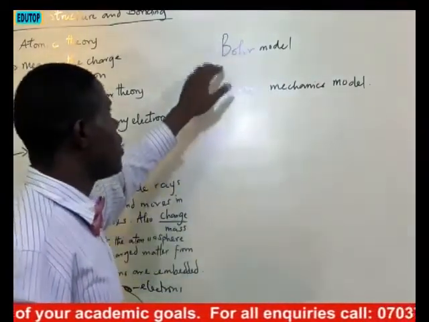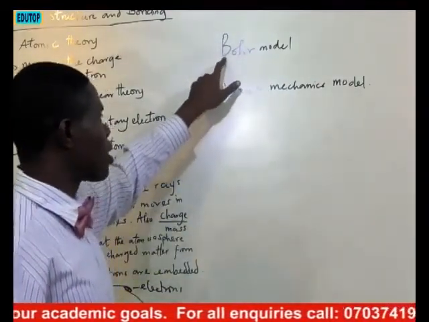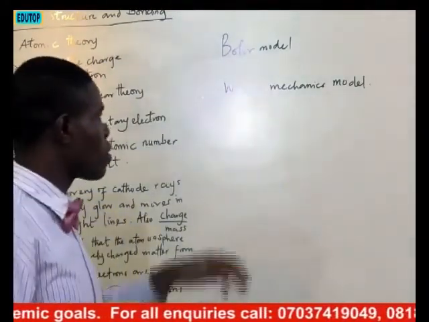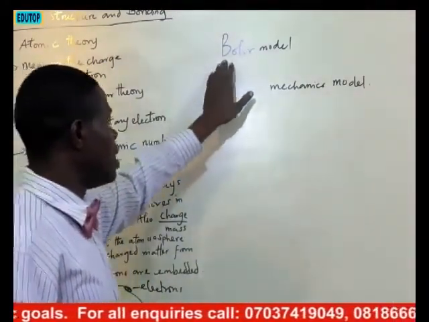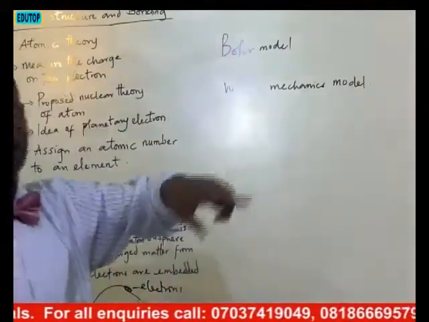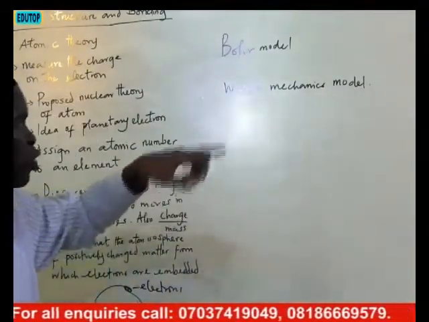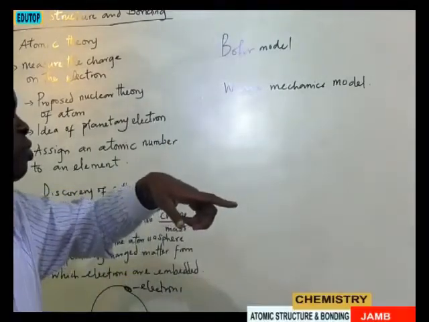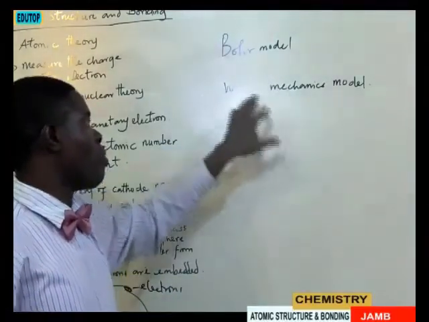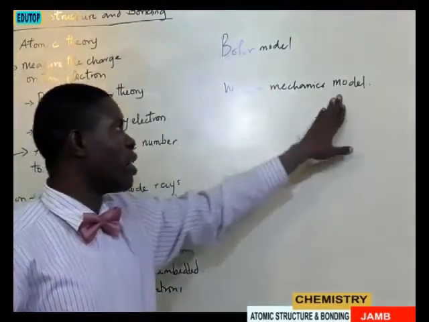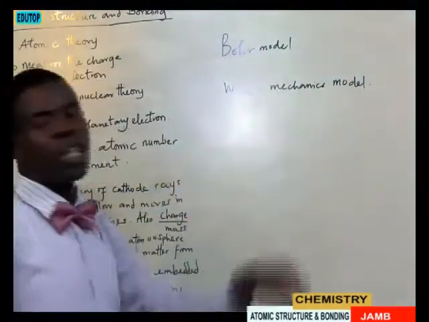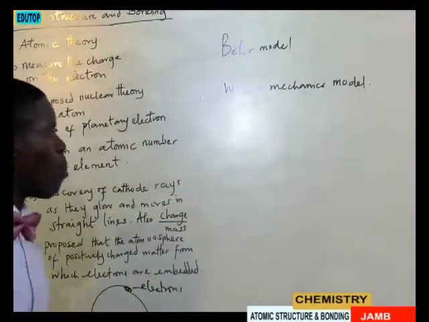It only works specifically on hydrogen spectrum, because in his model it restricts electron to a certain energy level, which brought about the limitation. But the wave mechanics model works on the limitation of the Bohr model.